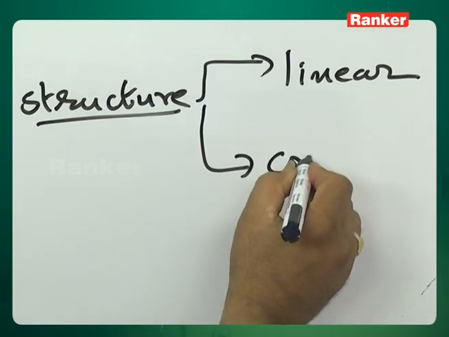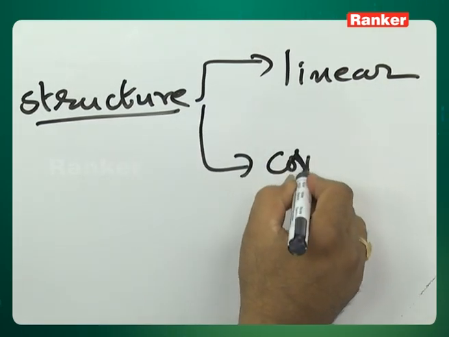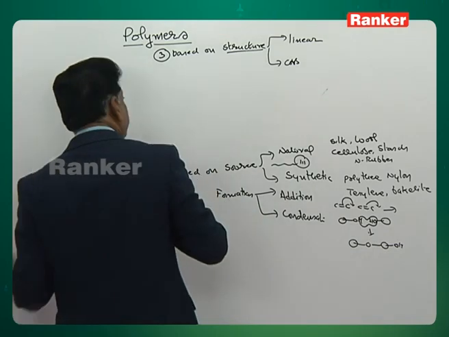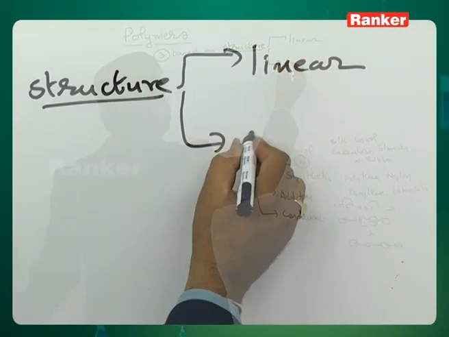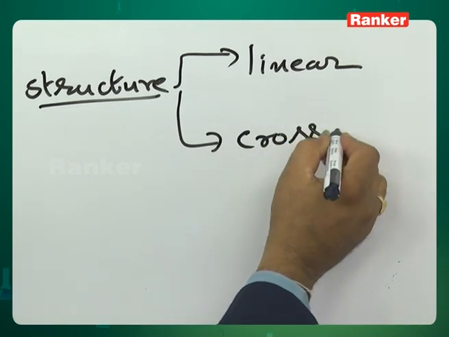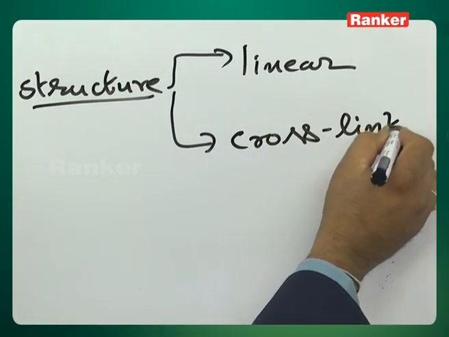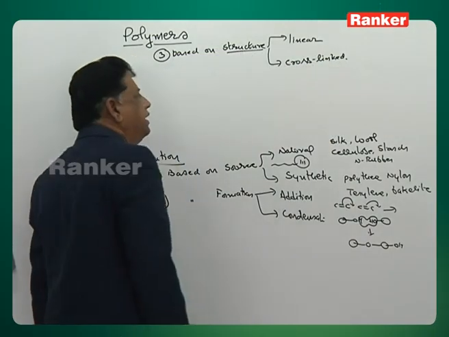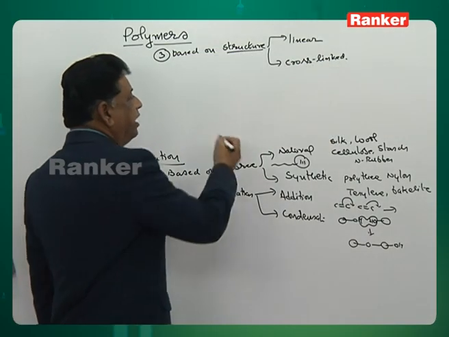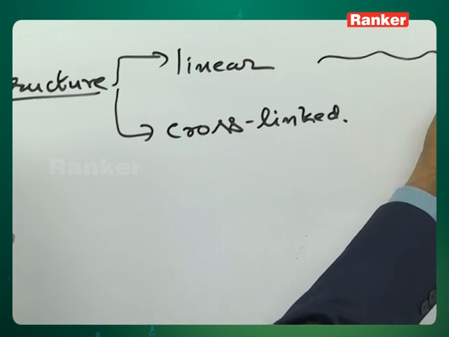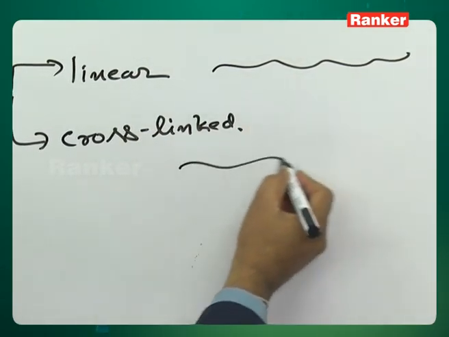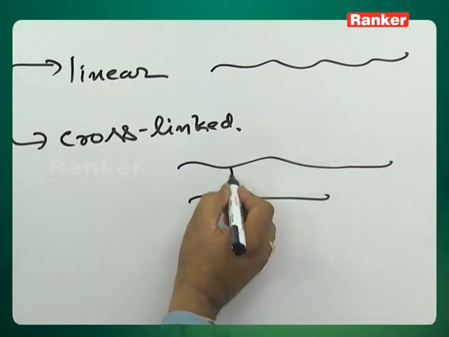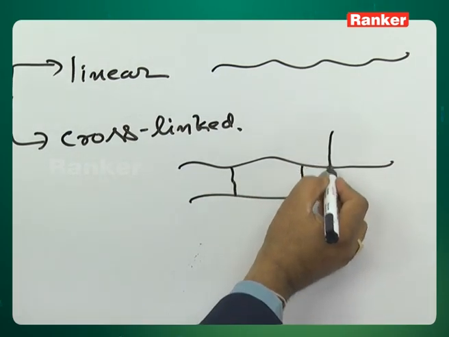The others are called cross-linked, or 3D type. Linear and cross-linked. A linear molecule will be a straight line type, having maybe sometimes branches here and there, but cross-linked means two polymers are attached through in-between lines like this.